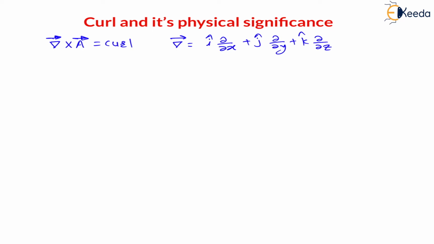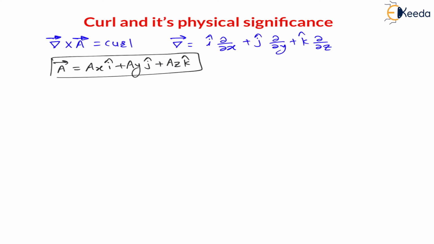Now this del operator we have already seen in one lecture, and this is any vector field. Let us say A is a vector field. Therefore it is written as Ax i plus Ay j plus Az k. Right, this is any vector field. Now my dear students, here the del operator, which is a vector operator, crossed with a vector field, is always a vector quantity.